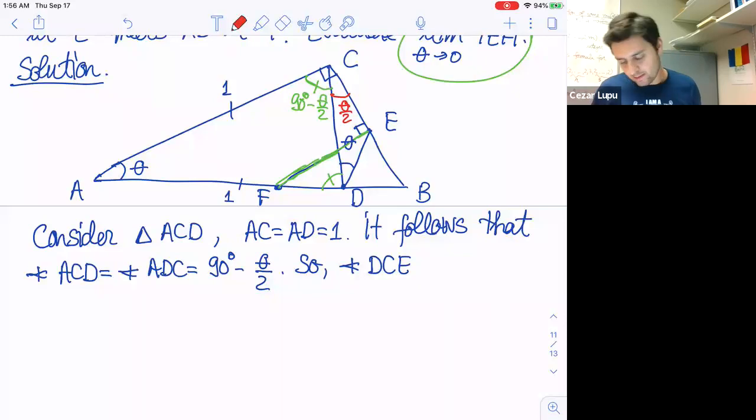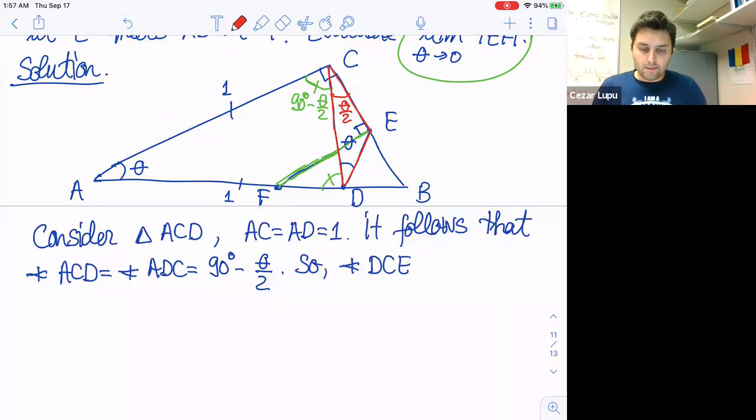Okay. So now let's look at this triangle CDE. We want to look at it very carefully because we can get some information about this triangle. So we know that one of the angles is theta, the other one is theta over 2.